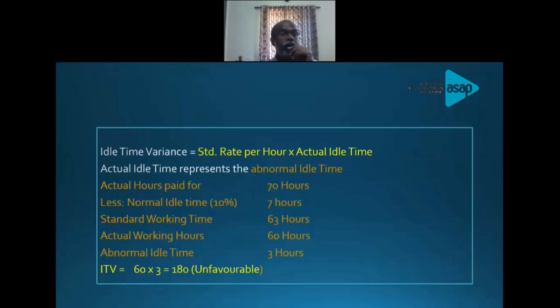Are you clear about it? Actual hours paid for is 70. 10% of it is expected to be lost, that is 7 hours. So employees are expected to work 63 hours during these 70 hours, but actually they have worked only 60. That is, their working hours is less by 3 hours. We count it as abnormal idle time. So abnormal idle time variance is 180.